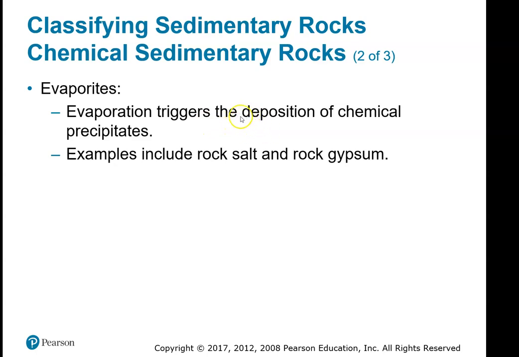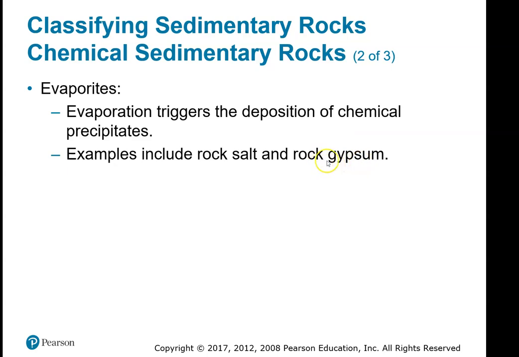We know the oceans are made of that, but there are other places around the world that have had salt waters, like the Great Salt Lake in Utah. If those bodies of water evaporate, they will leave salt deposits, right? So that's an example of a chemical sedimentary rock.